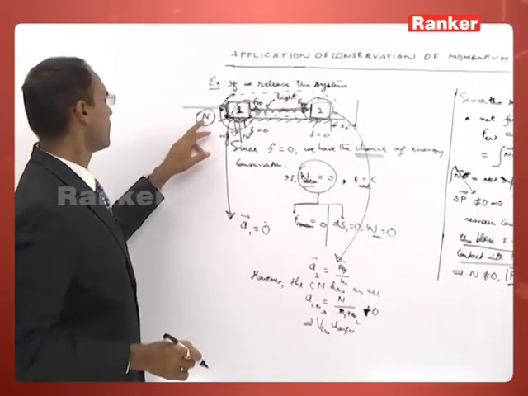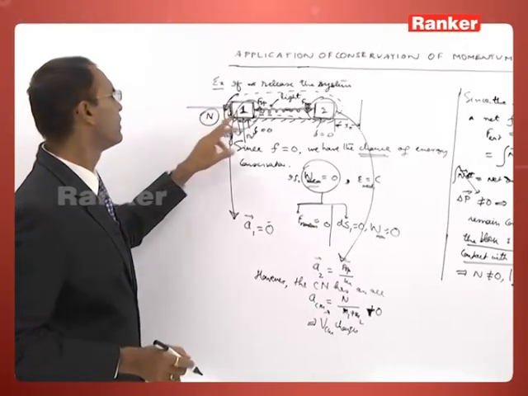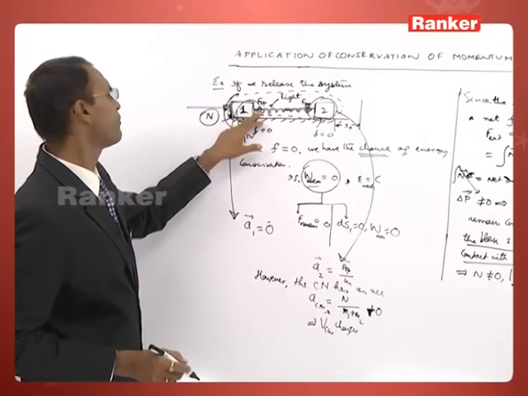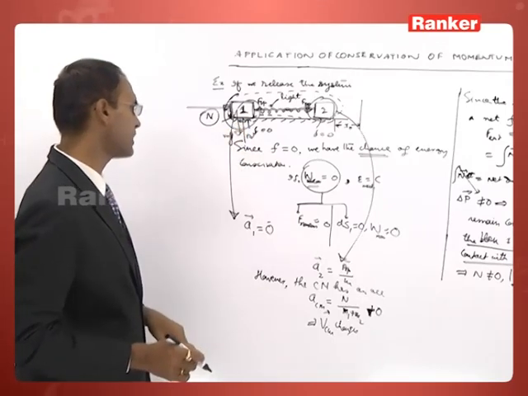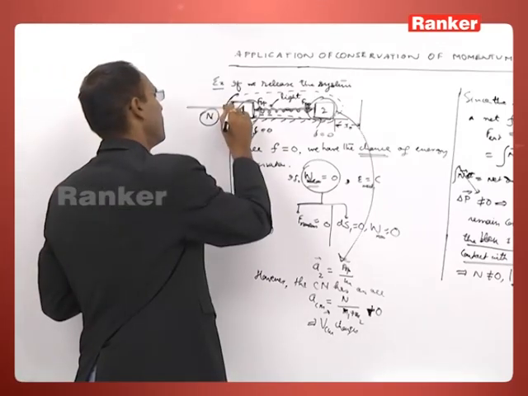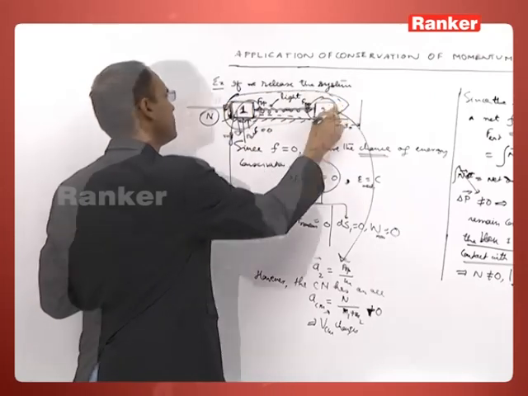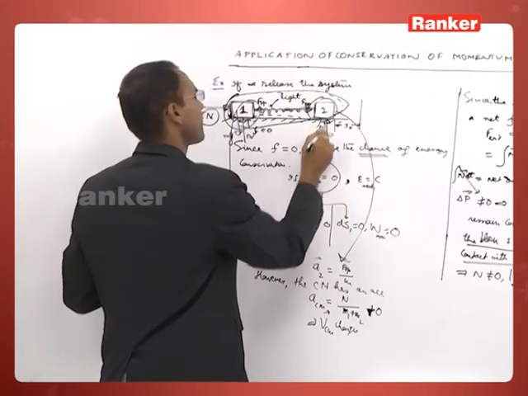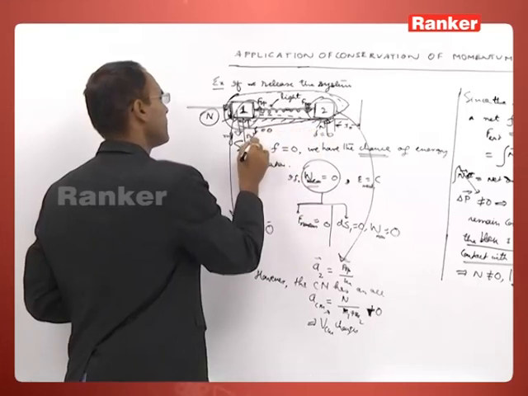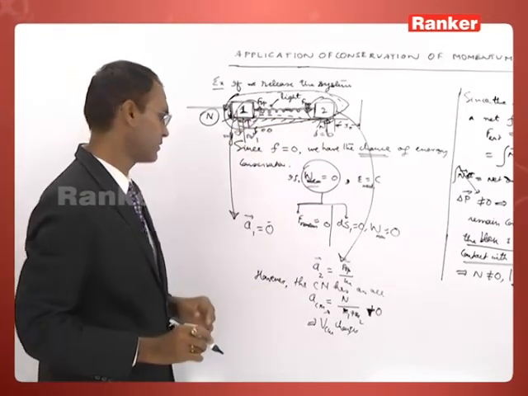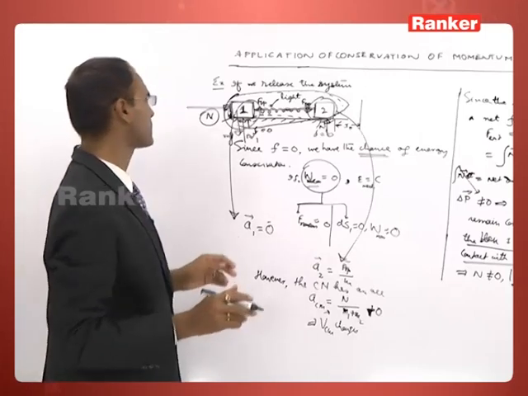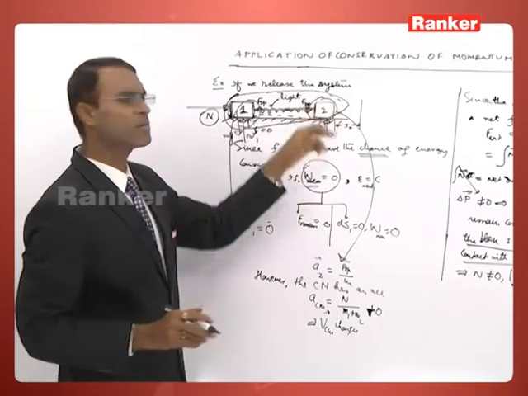When these forces do not perform any work, then we can say that on the entire system, the non-conservative forces, the normal reactions, will perform no work. The constant forces will not perform any work here.